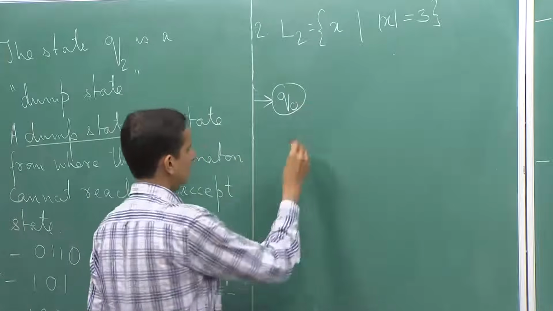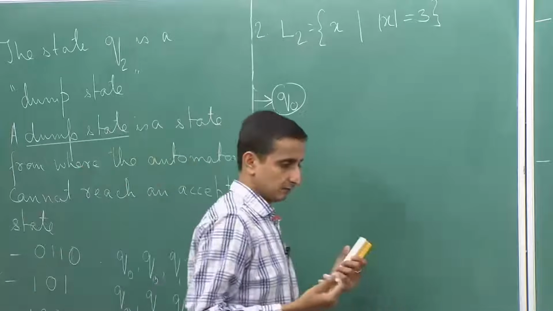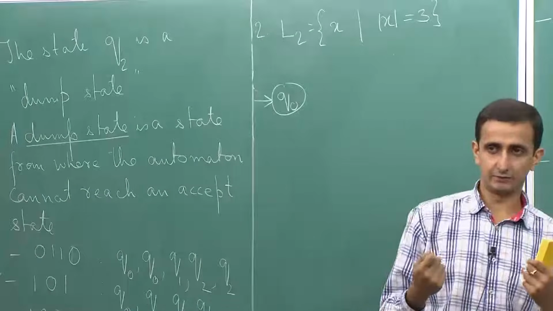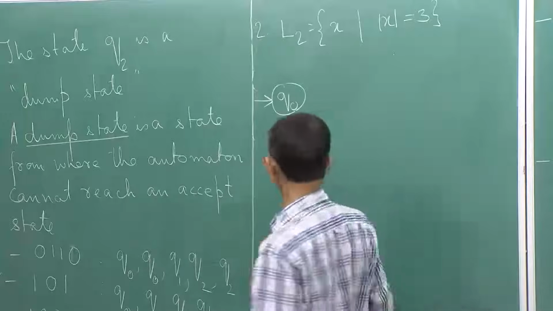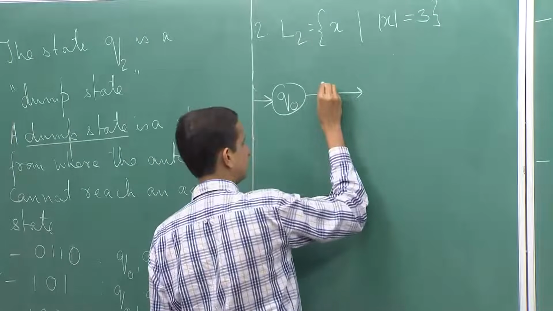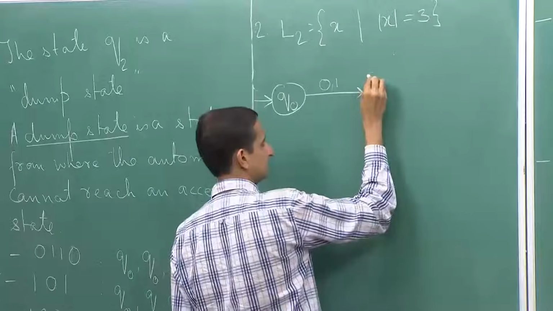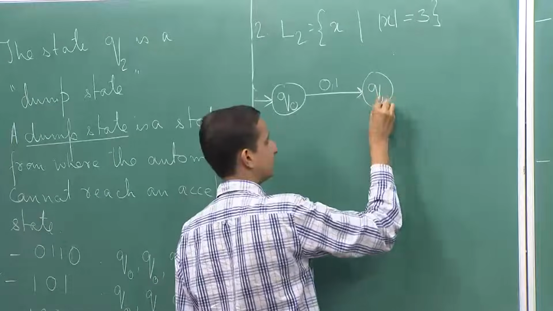Q0. Now, on seeing the first character, we actually do not care what the character is, whether it is a 1 or a 0. So, I will just mark the transition with 0, 1, which means that it does not matter whether it is 0 or 1. I go to a state q1.